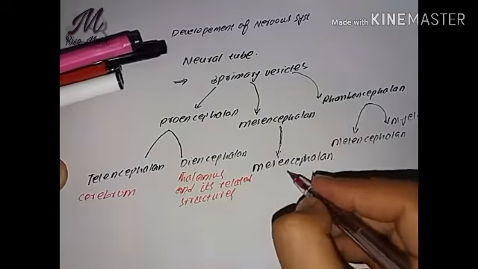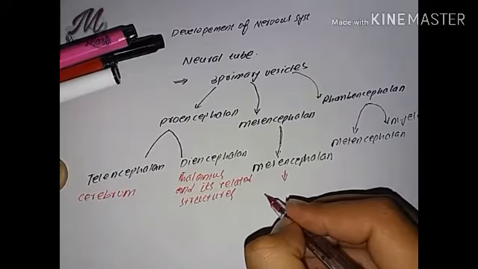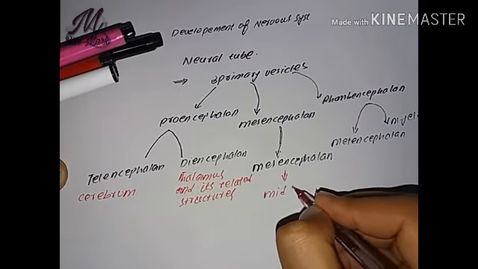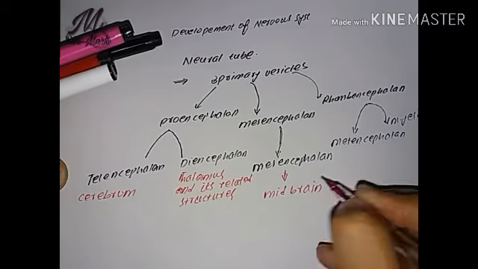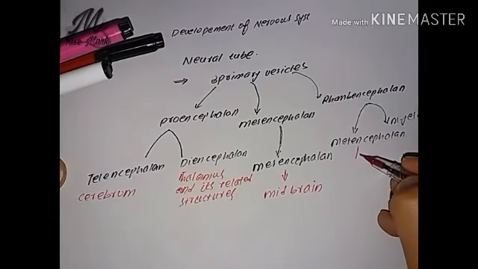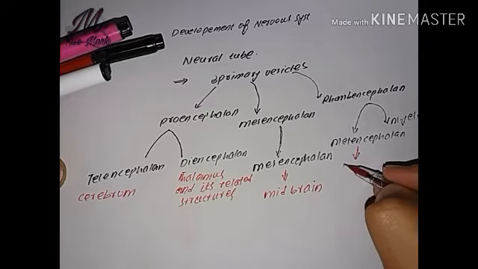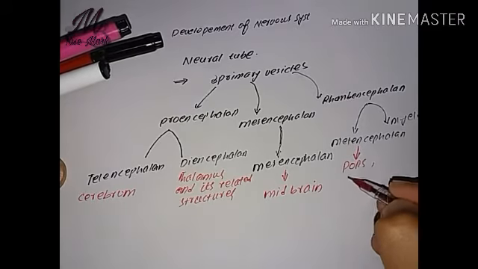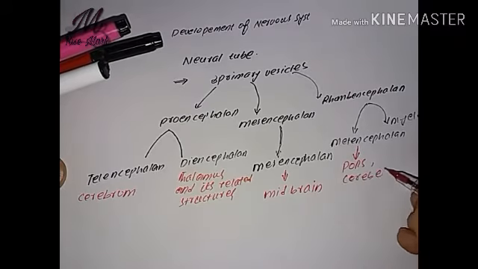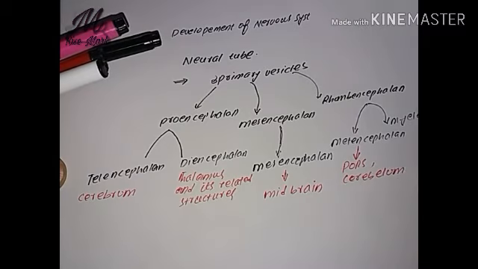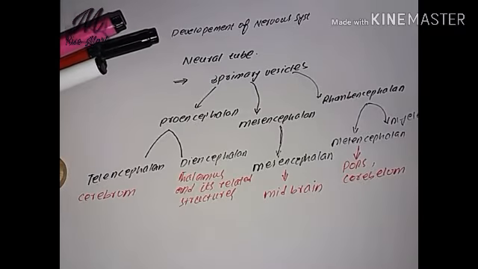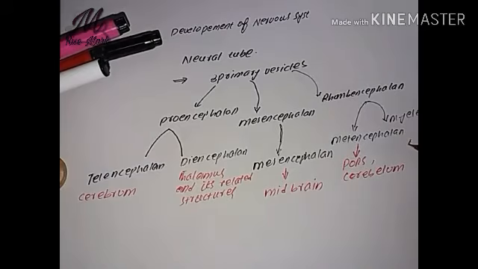The mesencephalon will develop the midbrain, the metencephalon will further differentiate into the pons and cerebellum, and the myelencephalon will develop the medulla oblongata.